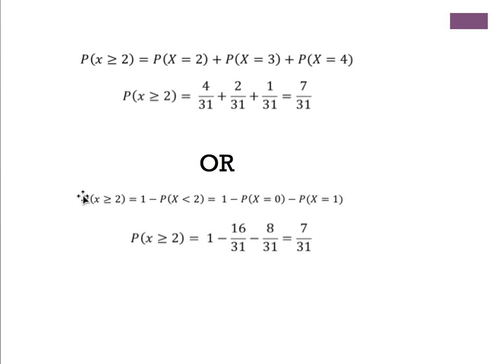Just like what I mentioned in the previous slide, you can also find the probability of x is greater than or equal to 2 by subtracting from 1, which is 100%, the probability of x is less than 2. And you will get the same thing, 7 over 31.